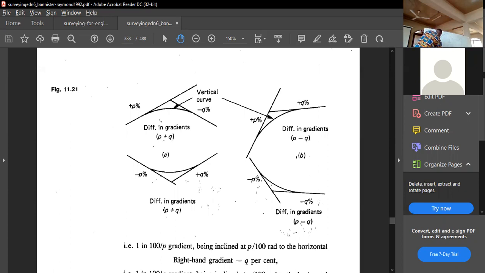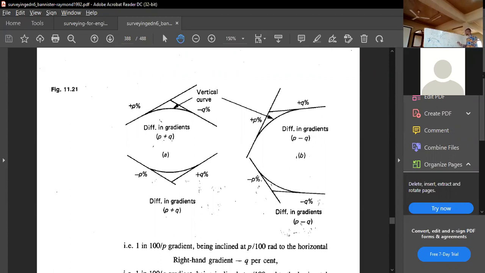So here we can have P minus Q, which is P plus Q, so the net effect is a positive value. Let's look at this one: P minus Q. All right, so we have positive.